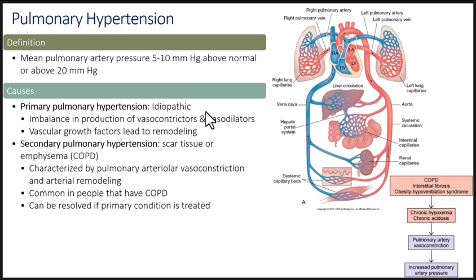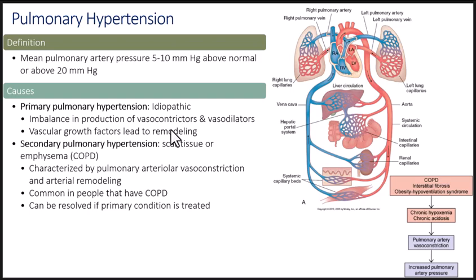It's not known why there is an increase, but what we do know is that there is some imbalance a lot of times between the production of vasoconstrictors and vasodilators. And when this is thrown off, if we vasoconstrict the pulmonary arteries, hopefully you can appreciate, based on our conversations earlier, that this would increase pressure, more resistance against the walls when we constrict them.